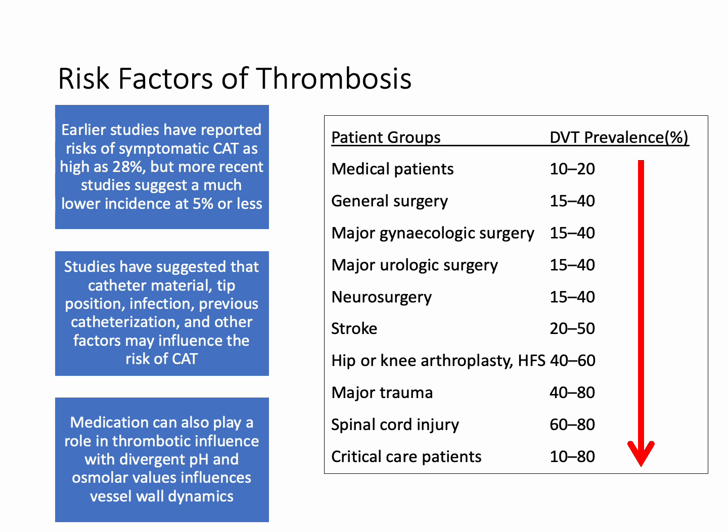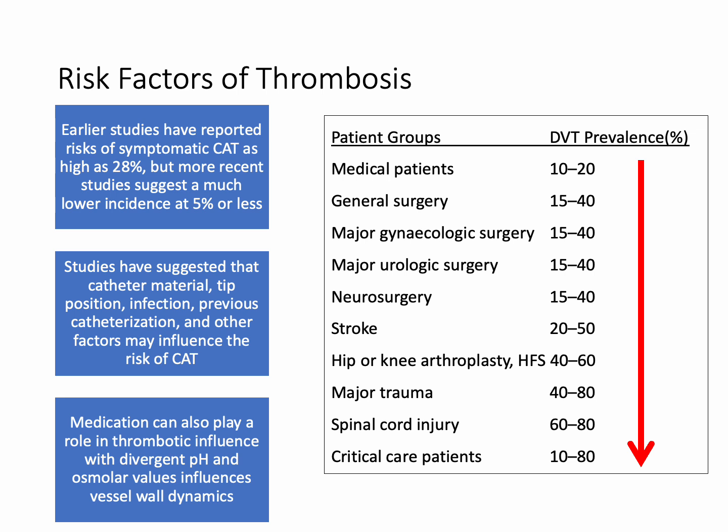But this can be very dependent on the type of study that is being done and also the patient population. Studies have also suggested that catheter material, the tip position, infection, and multiple attempts at previous catheterization, which obviously cause vessel-related trauma, and other influences may impact catheter-associated thrombosis.